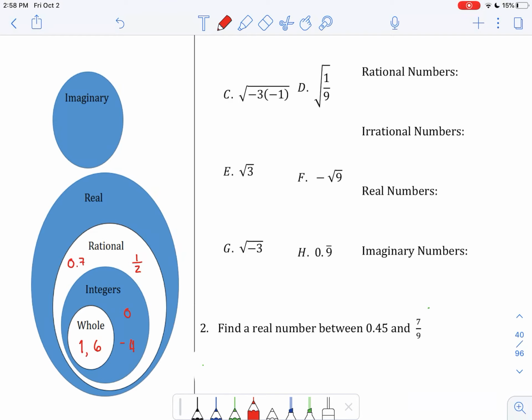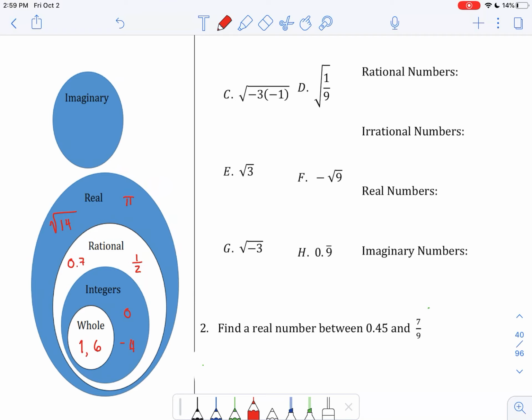Those were on the number line. And then you saw the irrational numbers. So that would be the ones that are still real, but don't fit into any of these other categories that we've seen before. We talked about pi is an irrational number, or maybe the square root of 14. Those would be good examples.